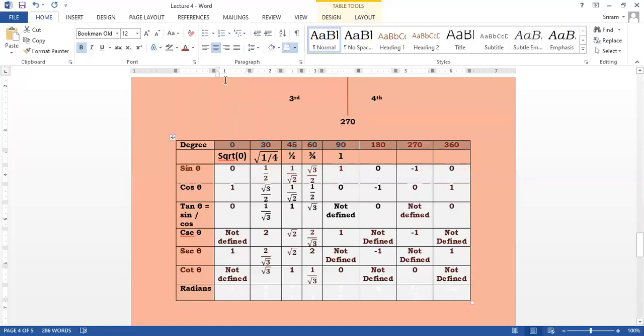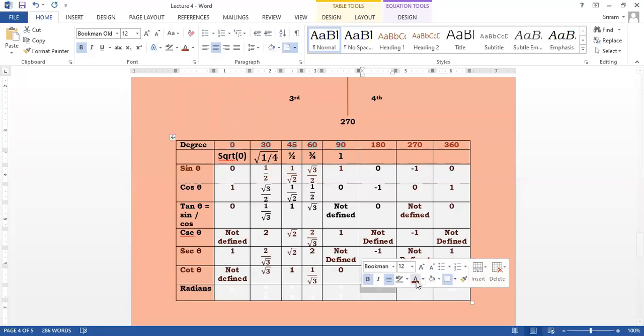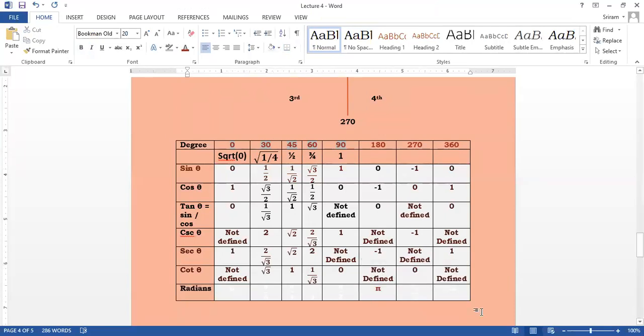We can find the corresponding radians, because in general 180 degree is defined as pi radians. Using this idea, we are going to find all the other values according to the rule.